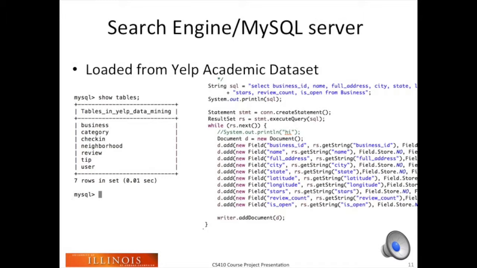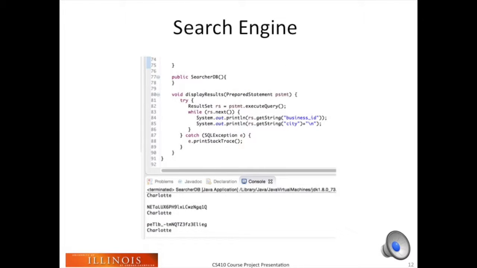Our Java application runs on the Apache Lucene search engine, which is a nice library for indexing and searching capabilities. And we use some SQL to index the dataset inside the Lucene application. So it reads the database and it adds documents. And our search engine works.